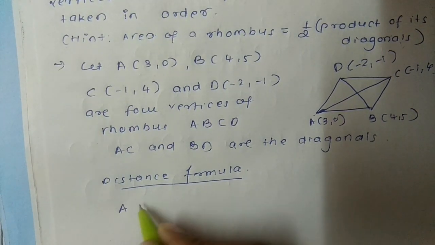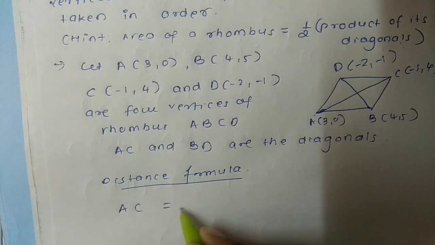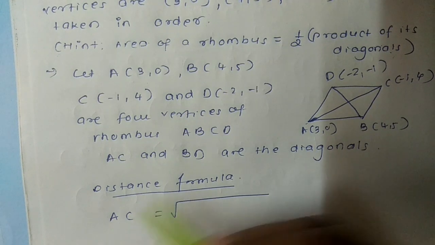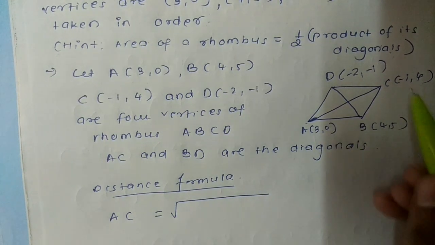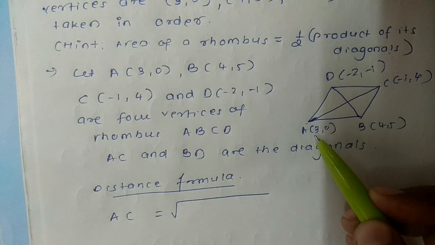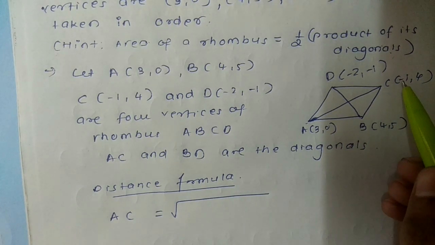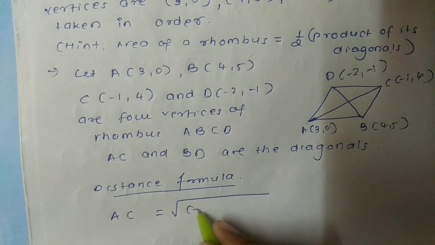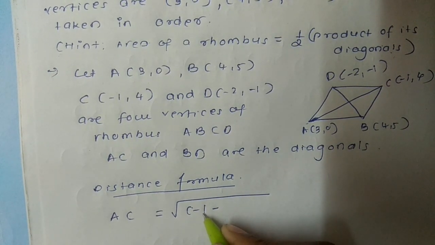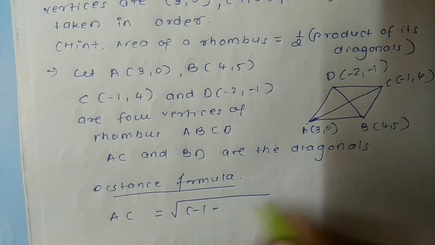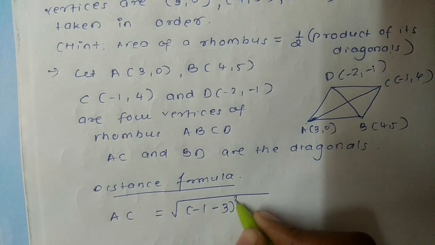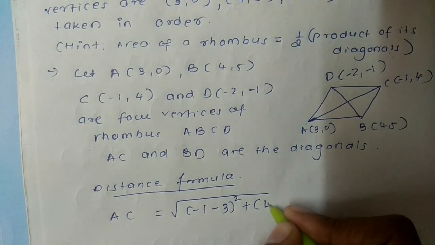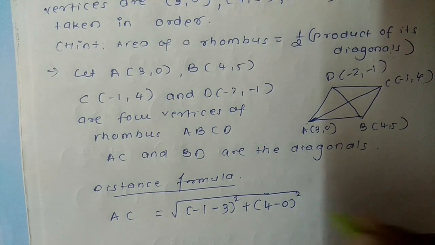So here we have to find the distance AC. The formula is root of (x2 minus x1) squared plus (y2 minus y1) squared. Let us take A as x1, y1 and C as x2, y2. Here x2 is -1 because we have taken AC. Subtract: -1 minus x1, which is 3, its square, plus y2 minus y1: y2 is 4 minus y1, that is 0, its square.